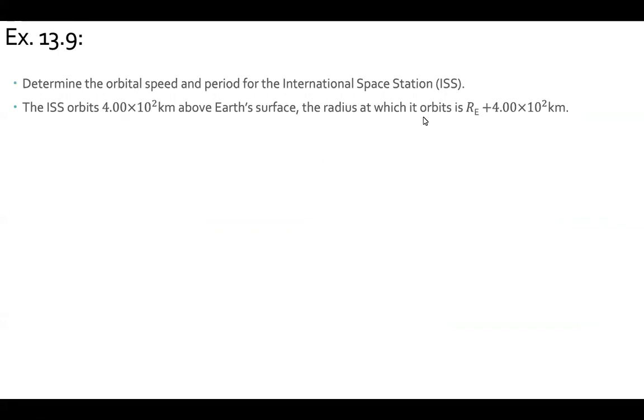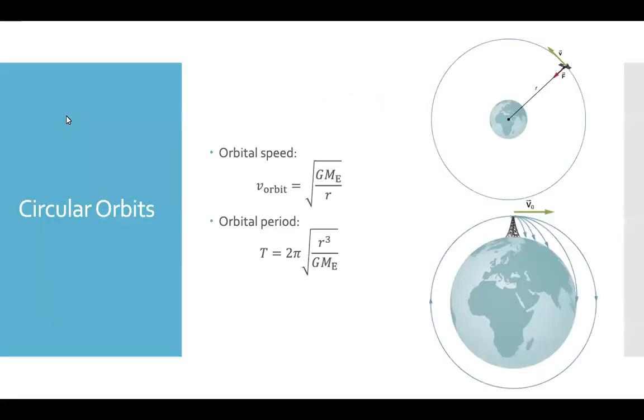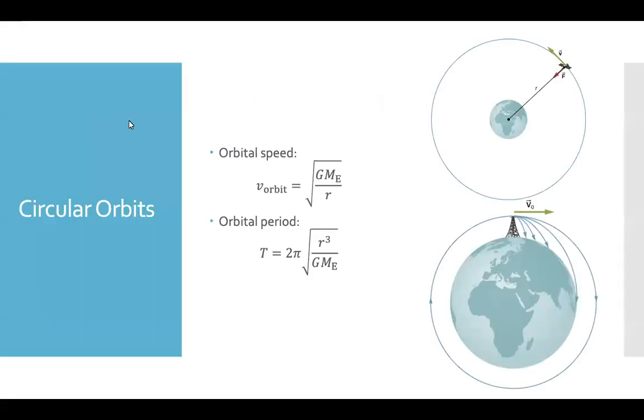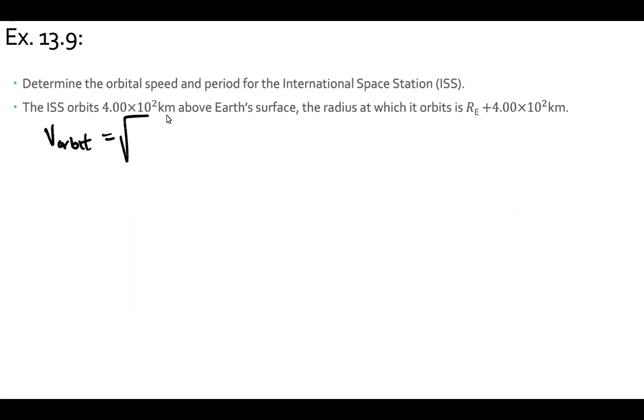The radius at which it orbits is the radius of Earth plus 4 times 10 squared kilometers. So what we will do is we'll say the orbital speed, since we're looking at that first, is going to equal the square root of G M sub E over r.